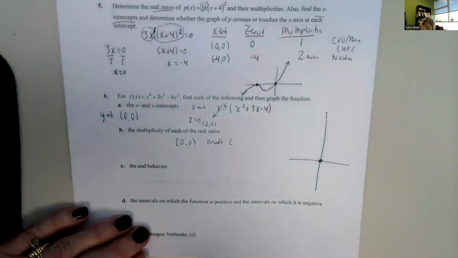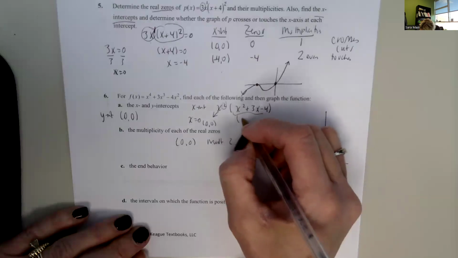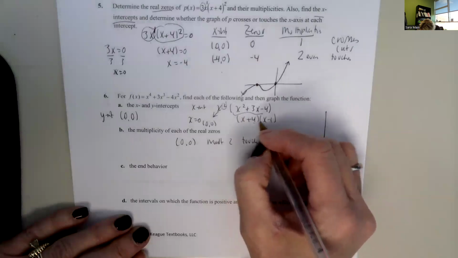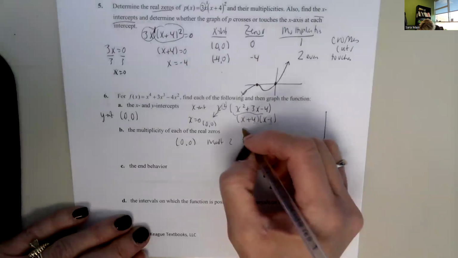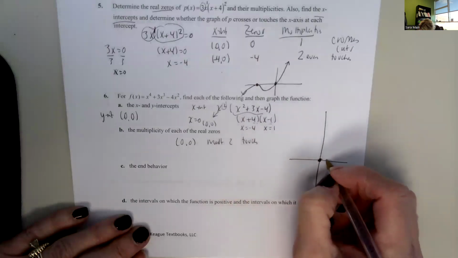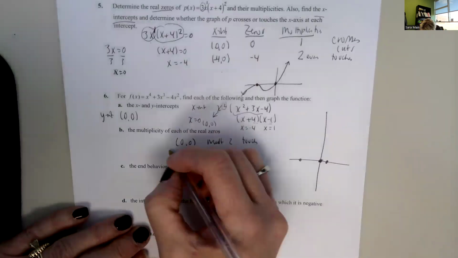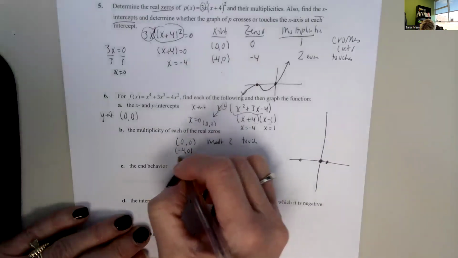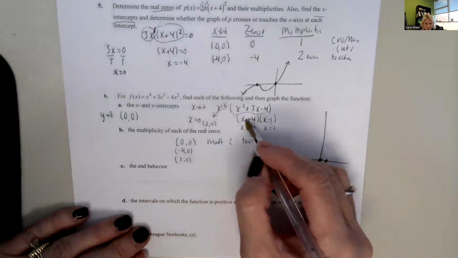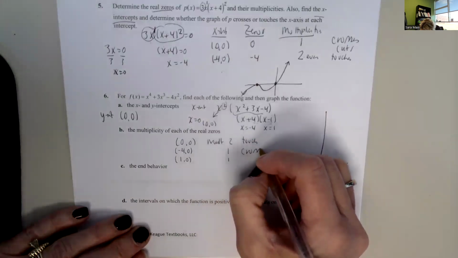Then this looks like it can factor into (x plus 4)(x minus 1). They multiply to make -4 and add to make 3. So I have a zero at -4 and a zero at 1, or (-4, 0) and (1, 0). Those each have a factor of 1, they each happen once, so the multiplicity is 1. So they cross.